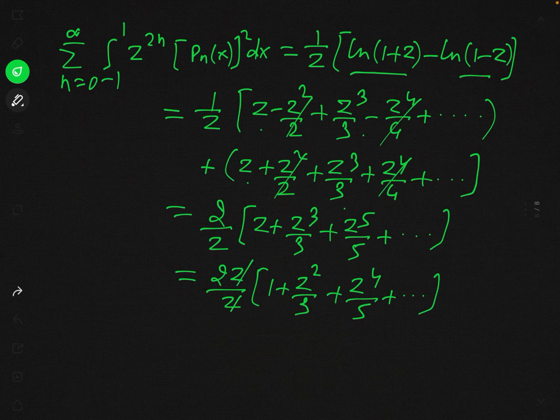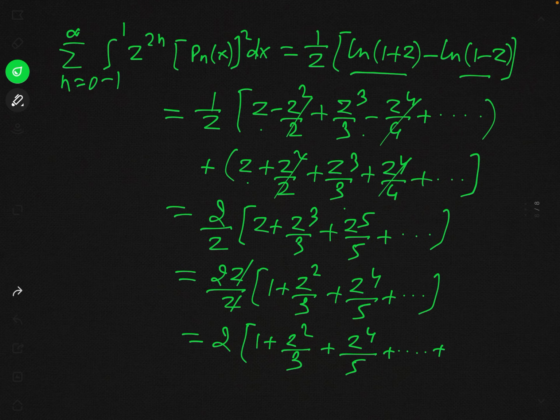Now this z and this z will cancel out, and so you can write this as 2 into 1 plus z square by 3 plus z^4 by 5 and so on.